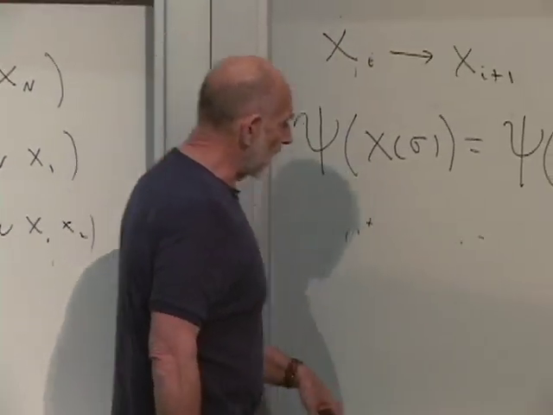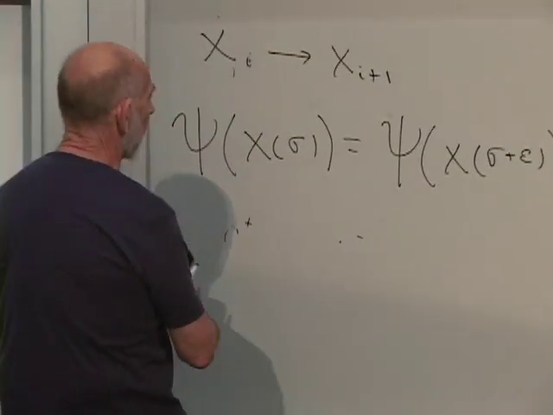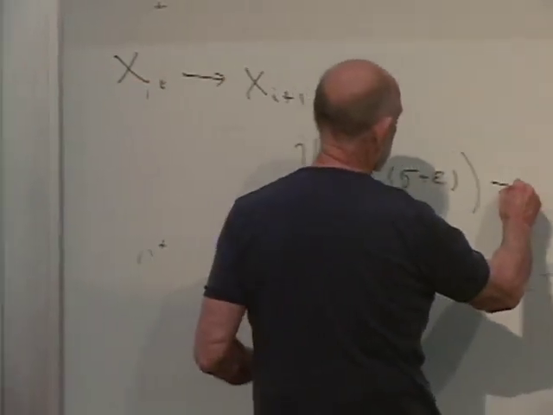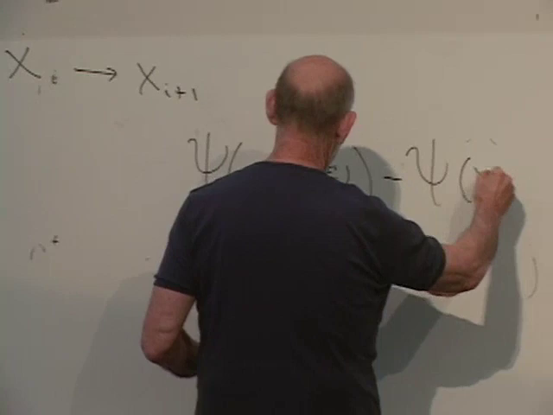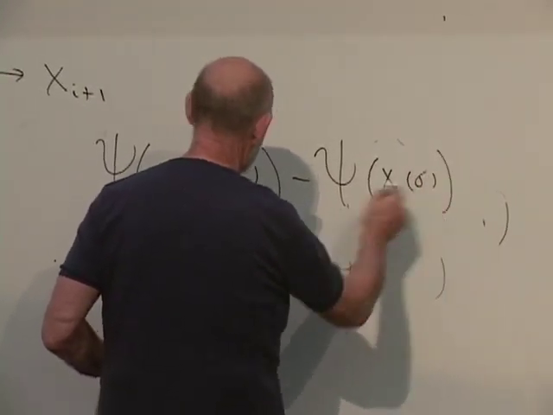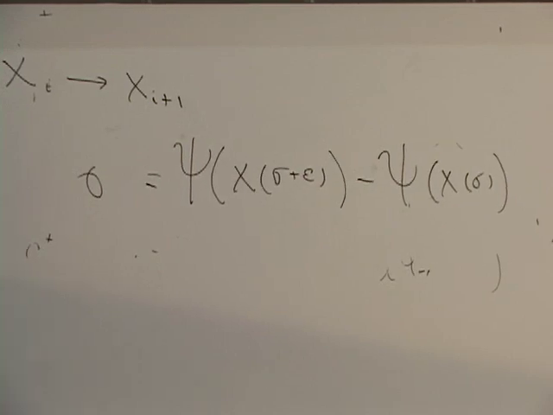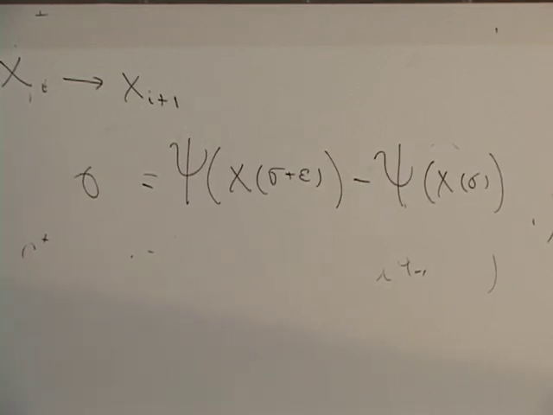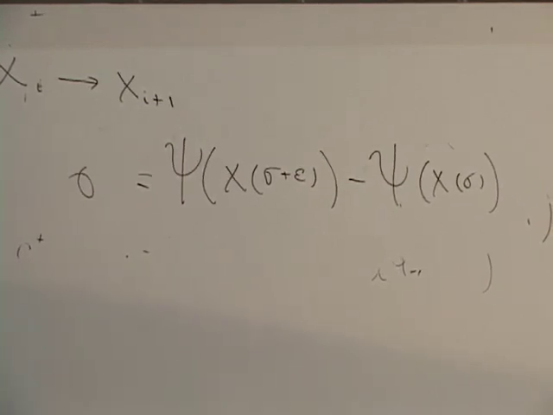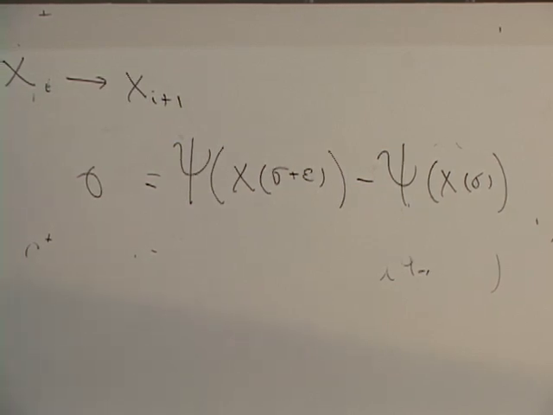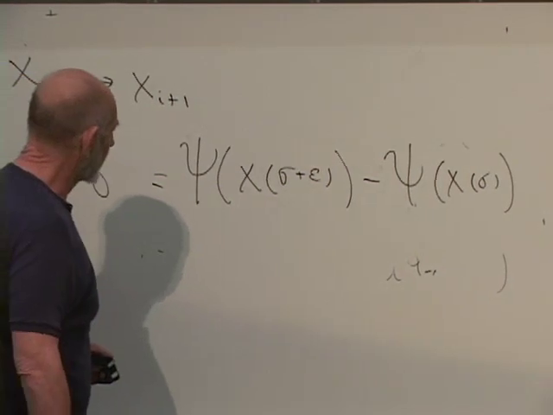Okay, let's see if we can write this down in another way. Let me rewrite it by writing psi of x of sigma plus epsilon minus psi of x of sigma, like this, equals 0. It's a small change in the wave function if I make this little change where every x goes to the x at the neighboring position.